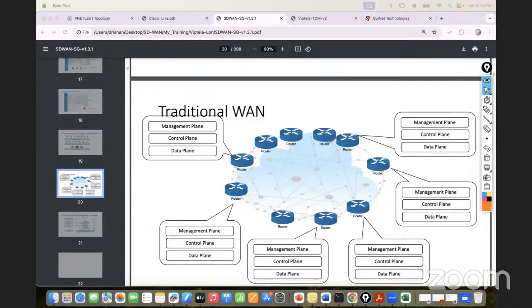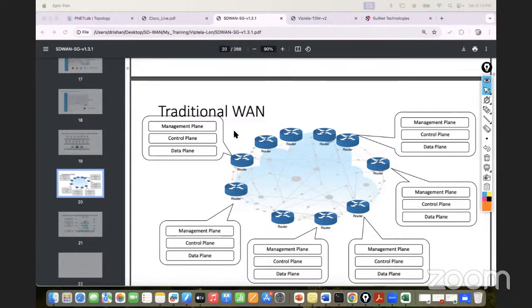My processing happens within the router. My control information, meaning routing, is processed by the router. My data plane is also in the router. There is no separate plane. So if one router dies, my entire brain is dead, my entire traffic is dead, and I even lose my management as well.